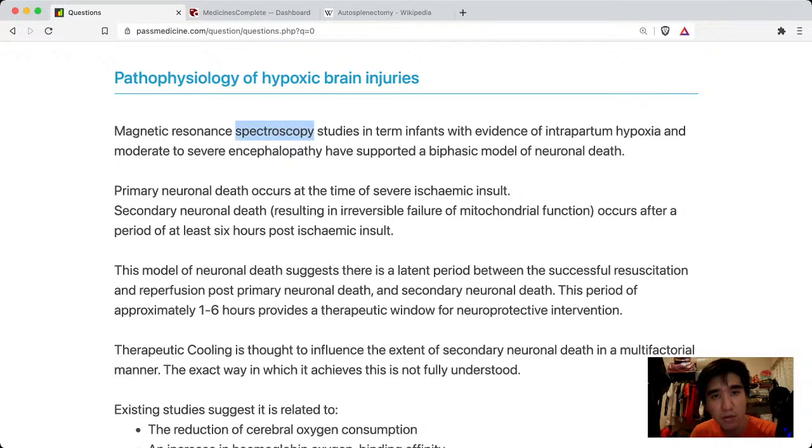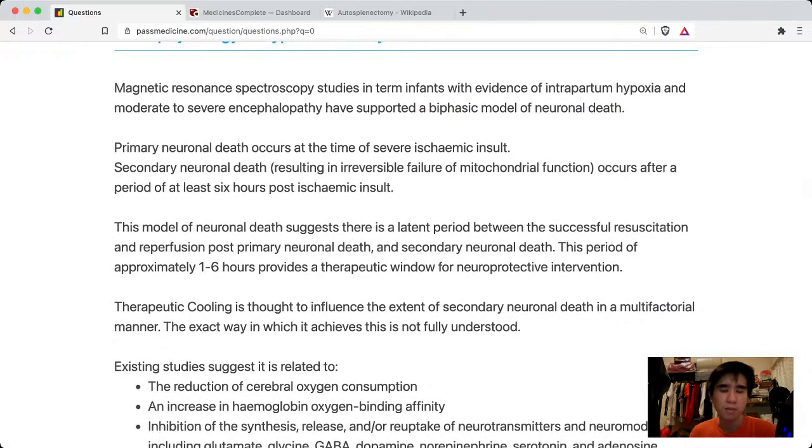MR spectroscopy studies in term infants with evidence of intrapartum hypoxia and moderate to severe encephalopathy have supported a biphasic model of neuronal death. Primary neuronal death occurs at the time of severe ischemic insult.